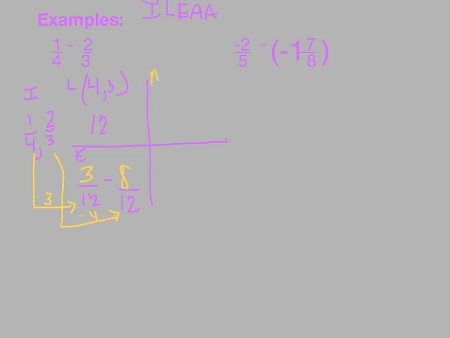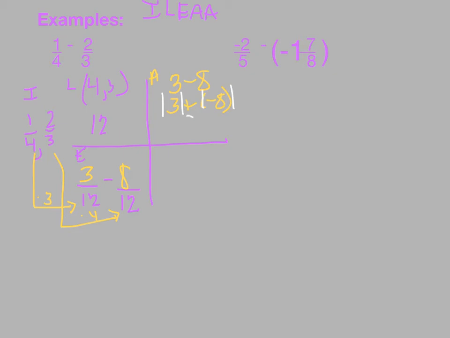Now I go to my A, which is add or subtract. It is in fact this time subtraction. So I'm going to have 3 minus 8. I'm going to apply those rules. Stay, change, change, cha-cha-cha. Don't forget to cha-cha-cha so you can get it right. And now the signs are different. Find the difference. Absolute values of both.